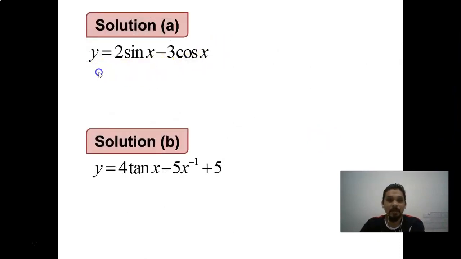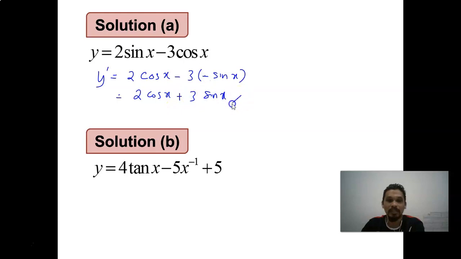Now, y prime equals 2 differentiate sine, which is cos x, minus 3 differentiate cos, which gives you negative sine x. So 2 cos x, negative times negative is positive, 3 sine x. What about this one? y prime equals 4 differentiate tangent, which gives you secant squared x.